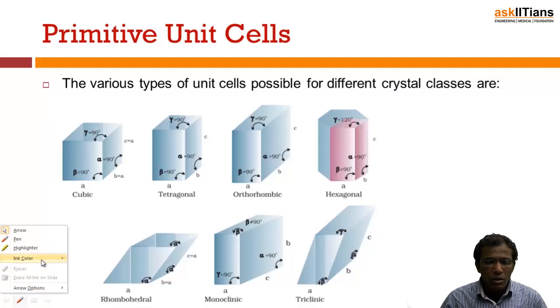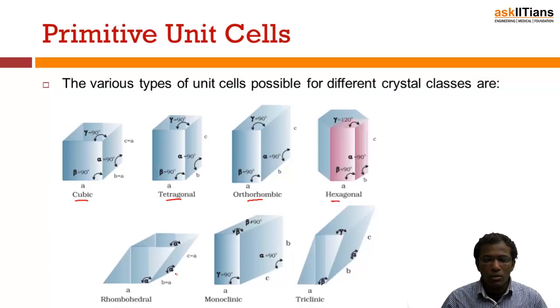They are namely cubic, tetragonal, orthorhombic, hexagonal, rhombohedral, monoclinic and triclinic. So we have 7 types of primitive unit cells. You can see all these 7 types have different unit cell parameters.